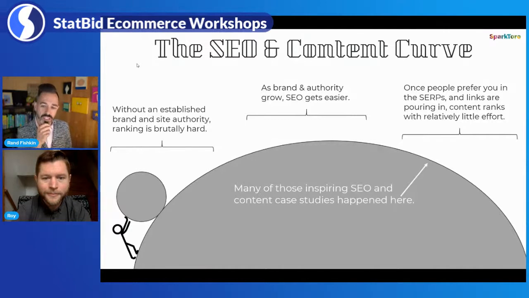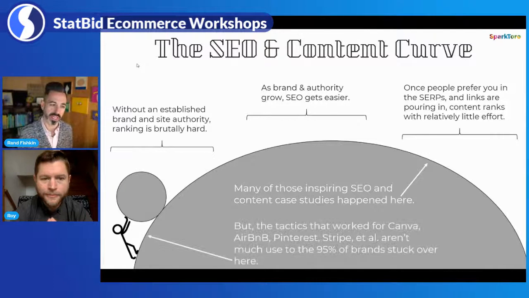And a lot of those inspiring SEO and content case studies are being pitched and marketed to the challenger brands, the startups, the early stage companies and the SMBs. That is not great, because it's selling you a false story of what you can realistically achieve. The stories that worked for Canva and Stripe and Airbnb and Pinterest and all these other companies are not going to work for the majority of us.